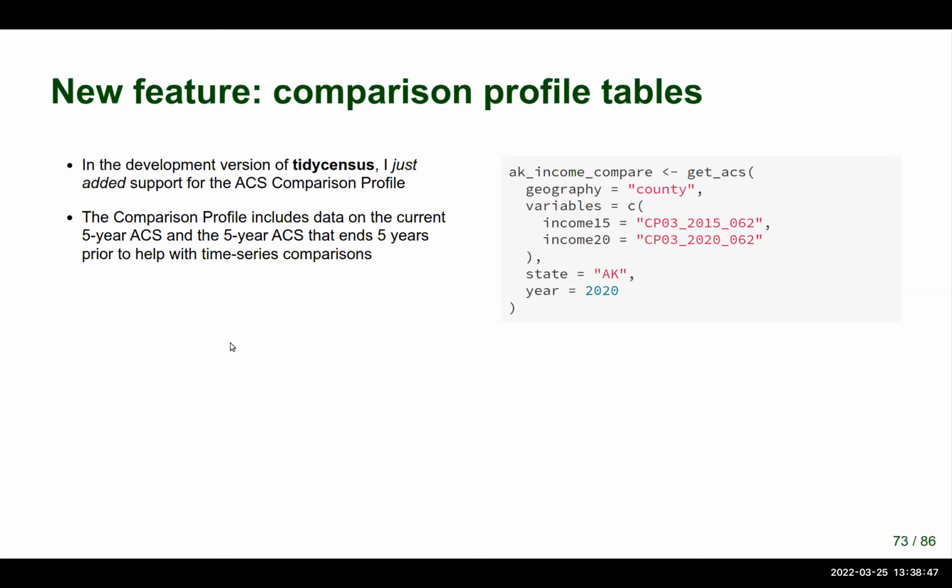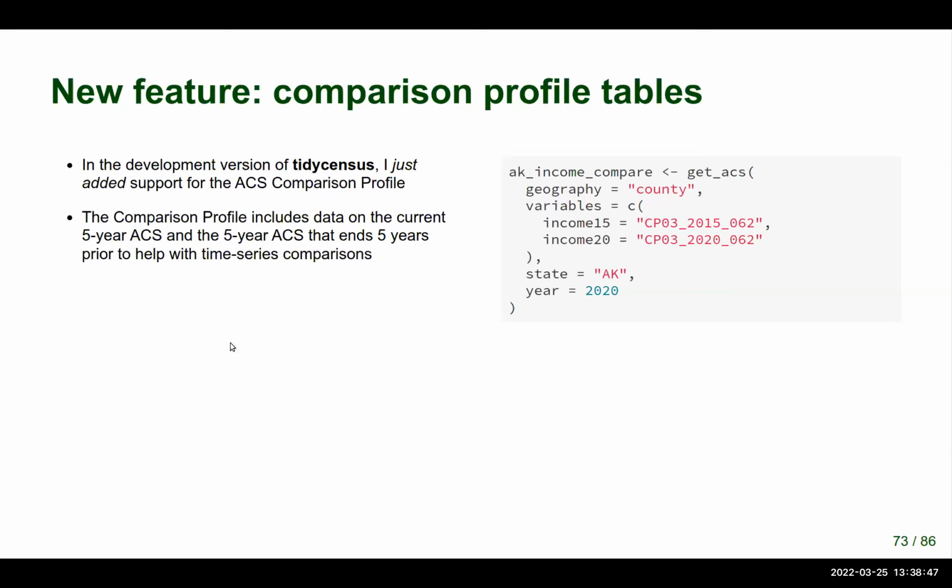Again, if you have the CRAN version of tidycensus, this won't work. But I can run this through and hit the comparison profile and compare inflation-adjusted incomes. Let's make sure this runs. There we go.